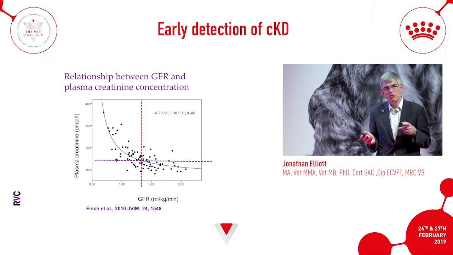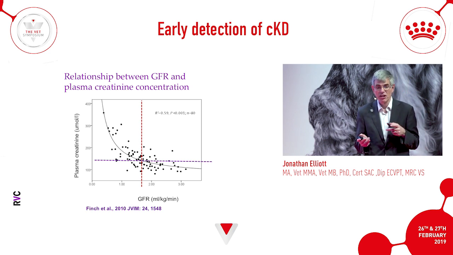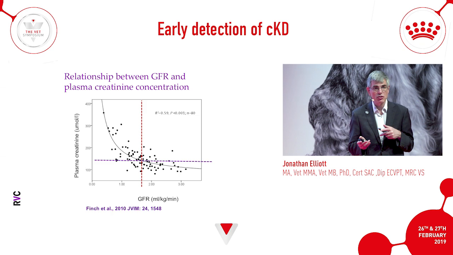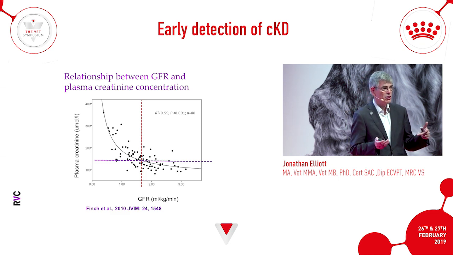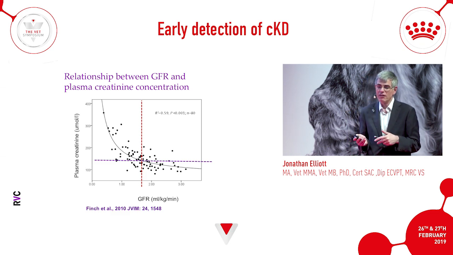It's important to recognize the relationship between any plasma marker of glomerular filtration rate and its plasma concentration is an exponential relationship. It's a log relationship because as the concentration increases, the rate of excretion increases because it's a first-order reaction.